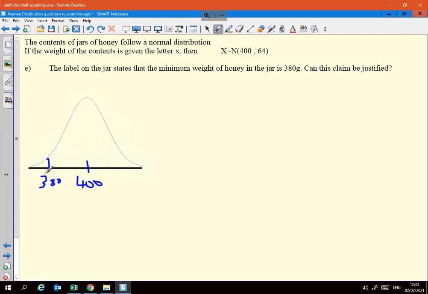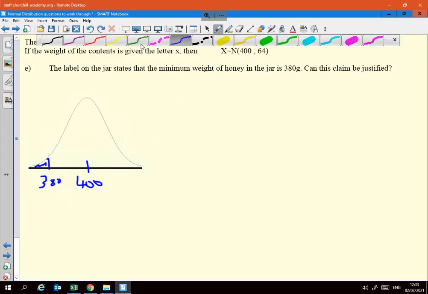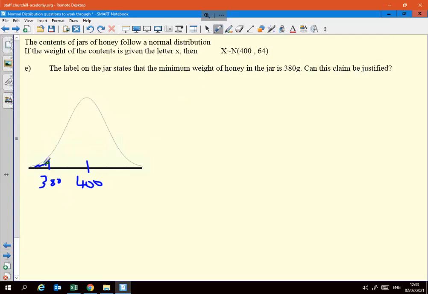I want to find out, well, how many things are less than that then? Are any jars likely to be less than 380? So we're going to have to make a judgment call later on, but let's find the probability that a jar is less than 380. Well, this is one of those times where the z-score, let's just use green, just so I'm consistent. Green is that bit there. That's the bit I want.